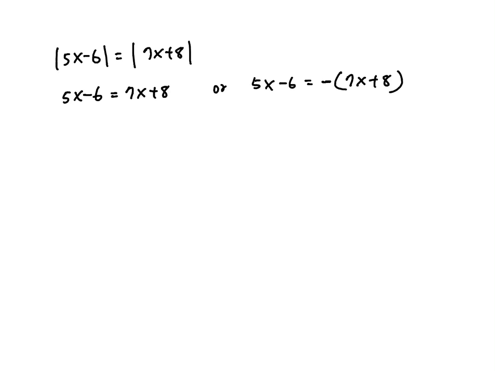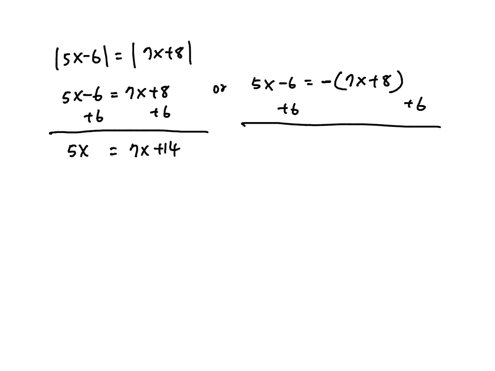All right, then we go and solve normally. I am going to add 6 to both sides. In this problem, you end up getting 5x equals 7x plus 14. Now, this question, I had to be extra careful.